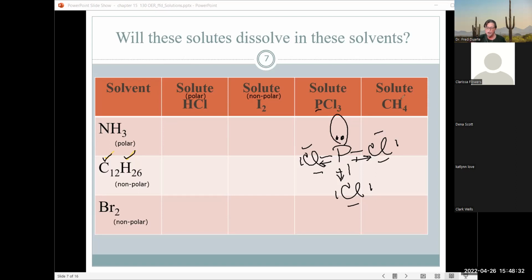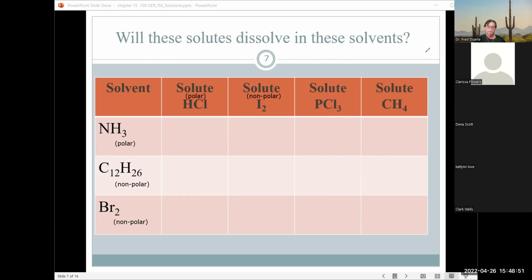Therefore, they push the phosphorus chloride bonds to each other and shrink that bond angle here, okay, to much less than 109.5, resulting in these bonds not canceling out, okay? The result being is that we have a polar solute. Then the last one, CH4, same reasoning we just came up with for the C12H26, made up of nothing but carbon and hydrogen. Then we have a nonpolar species.